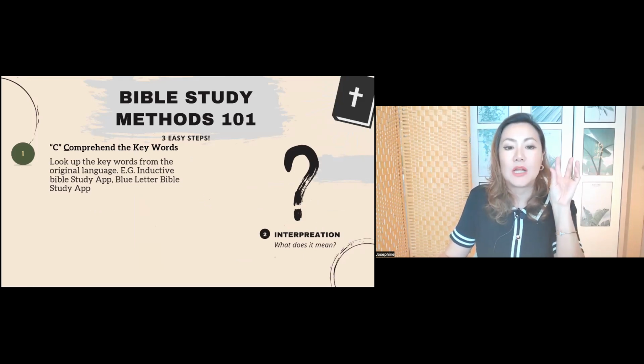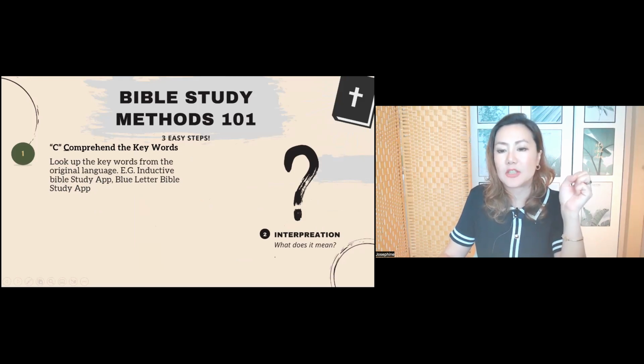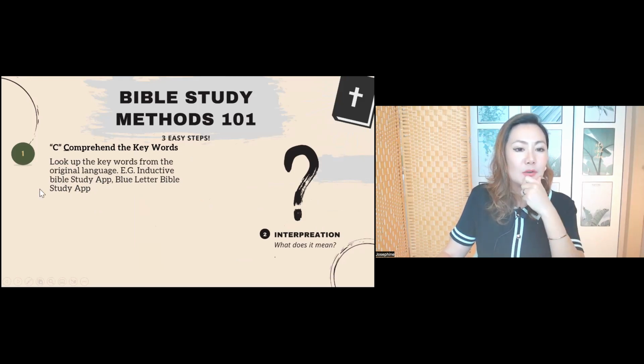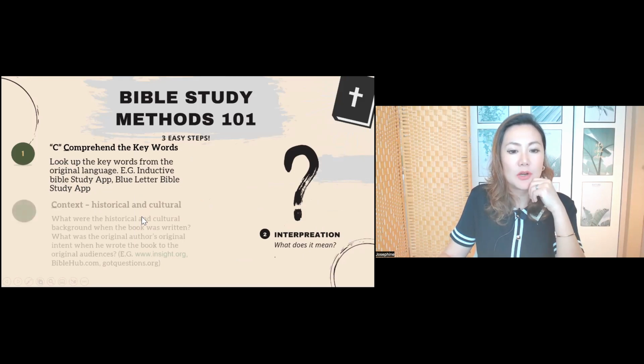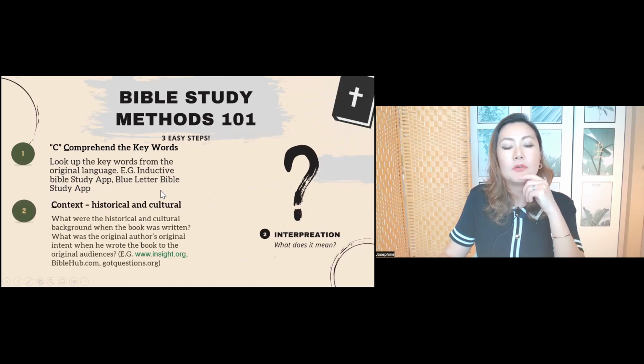You have to find the keywords, which I demonstrated in the Inductive Bible Study app. Later, I'm going to show you again because some of you had challenges finding the keywords. And then we went over how to look up the context.